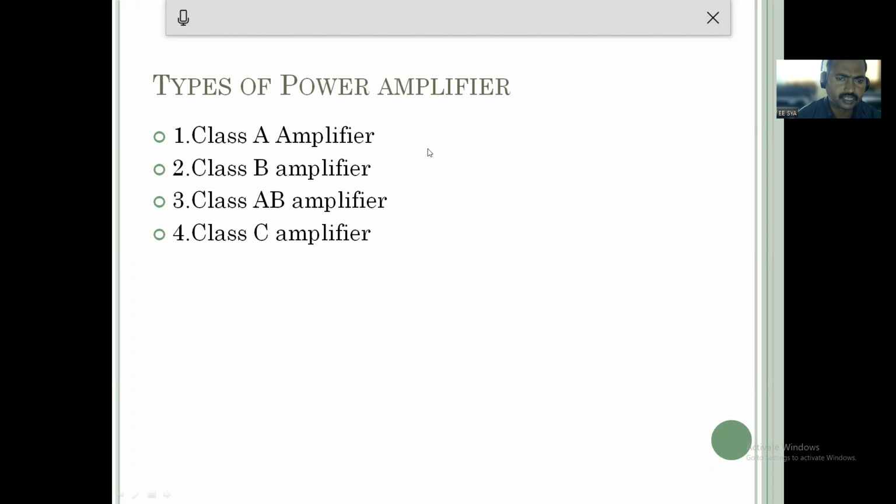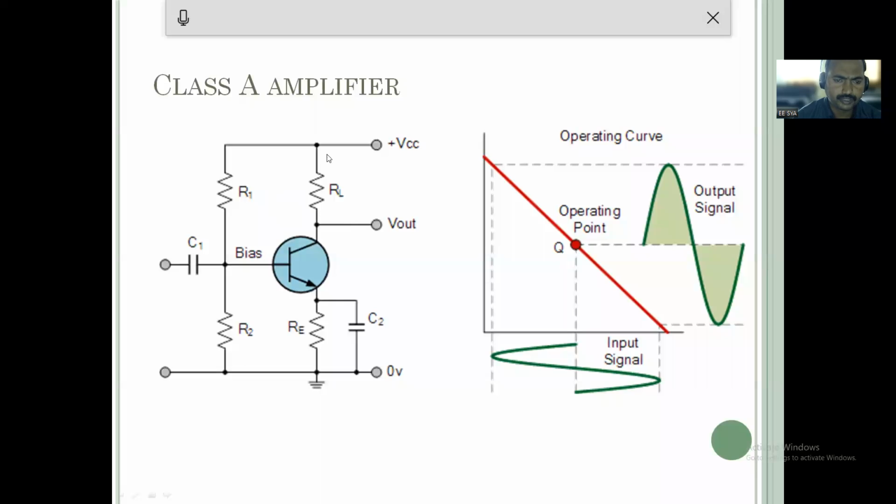We have seen the details of each particular amplifier. Initially, we have seen the class A amplifier, right? Above, see, this is the figure which shows that this is a class A type of amplifier, right? Which type of transistor configuration is it? I'm telling you, मी जे सांगतो त्याच्यातच आन्सर असेल. There are 3 configurations of the transistor: one is common emitter, other is common base, and third is common collector, right?